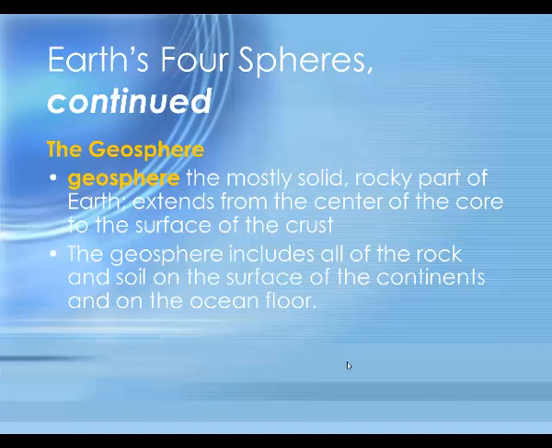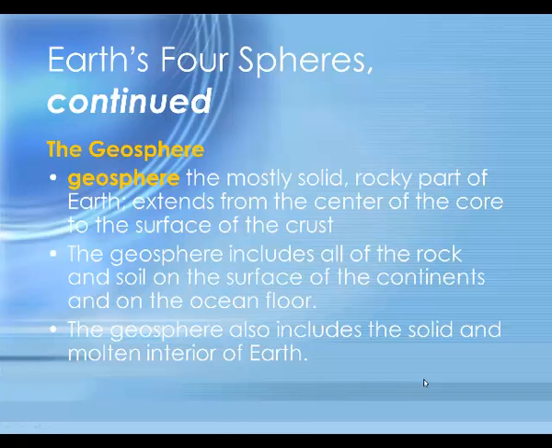And it also includes all of the rock and material that are underneath the oceans. The geosphere also includes the molten interior of our planet. So it doesn't necessarily have to be solid rock in order to be considered the geosphere. It can be molten rock in order to be considered the geosphere as well.